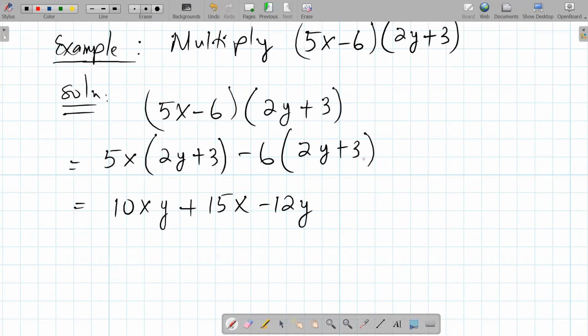And then negative 6 times positive 3 gives you negative 18. Again, you want to check to see if there's any like terms you want to collect. Otherwise, you should be all set. By way of what we have here, there are no like terms. And so we settle for that as our answer.